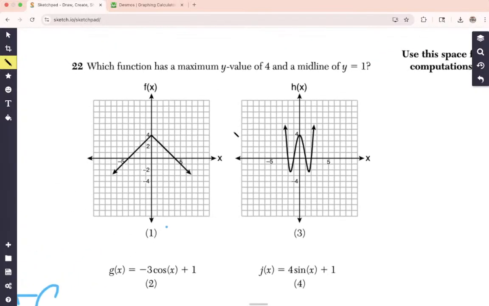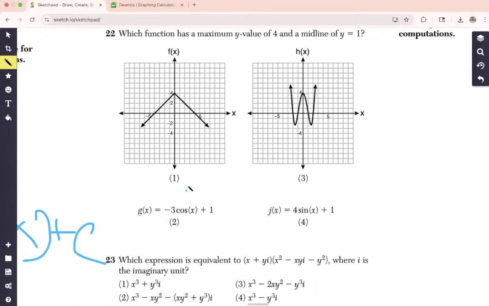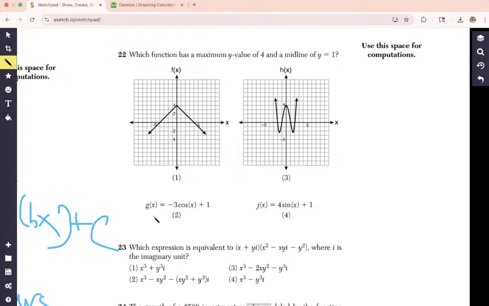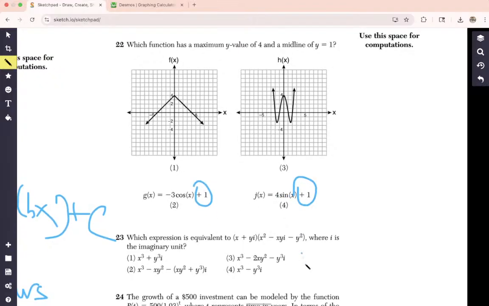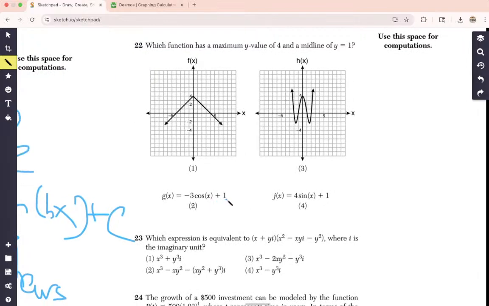Which function has a maximum y value of 4 and a midline of y is equal to 1? All right, let's take a look at g of x first. So the midline is equal to y is equal to 1, and you can also see this for this other graph. The maximum y value of 4, well, the amplitude is... nah, you see this one.